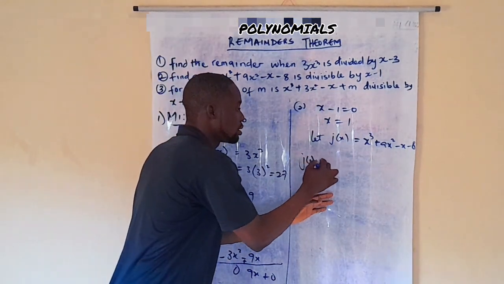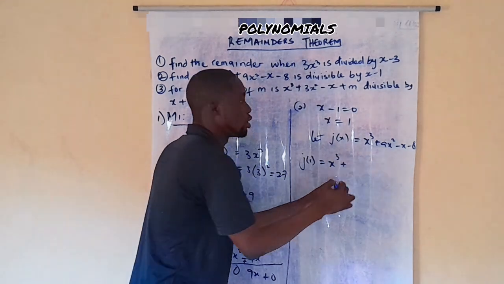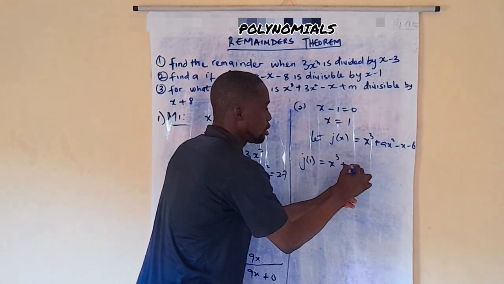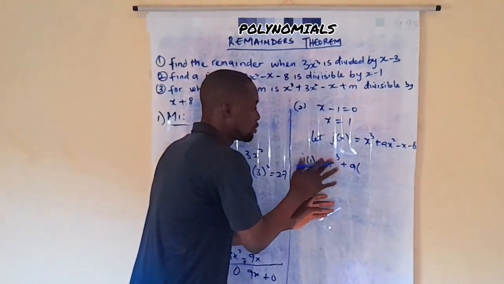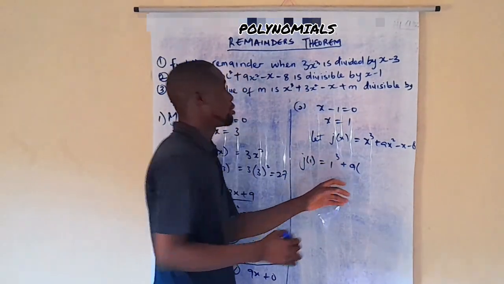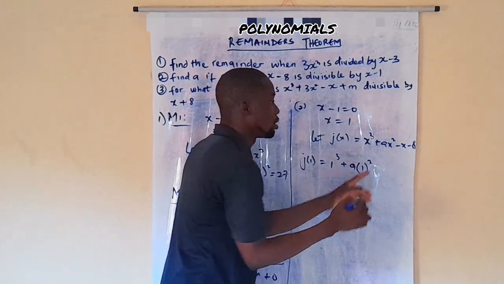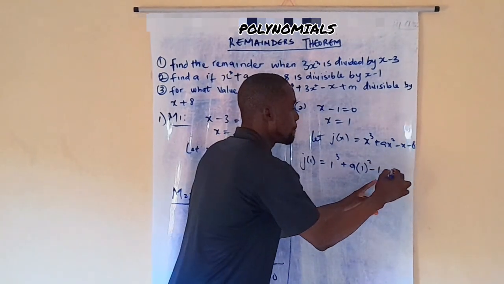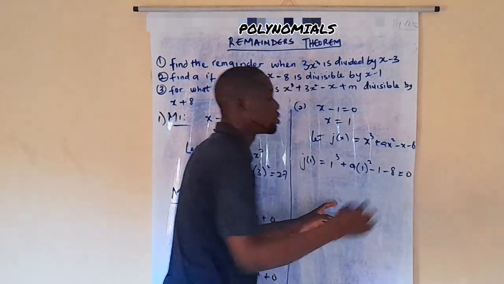J of 1 gives me 1 raised to power 3 plus a into 1 squared minus 1 minus 8. Now everything will be equal to 0.